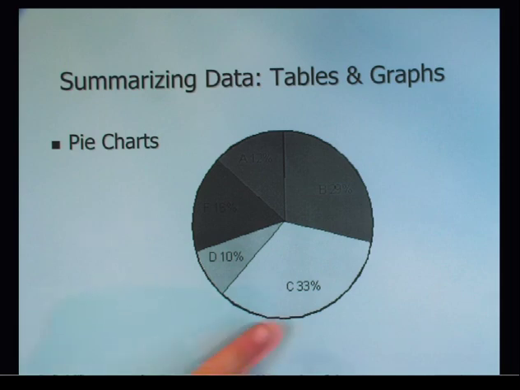We could take your political party that you belong to. I could ask you that and summarize it in a pie chart. Say 33% of you are Democrats, 29 Republican, and so forth. You could use it on hair color, and any nominal variable, a pie chart works great. Pretty self-explanatory, easy to create.